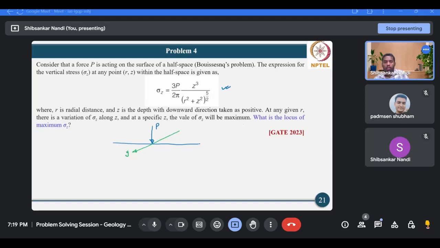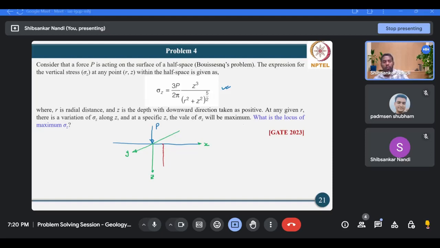This is Y, this is X. It's stated in the problem that at any given R, suppose we were considering this vertical plane. Now all the points lying on this vertical plane are associated with a constant R, a given R. R is constant for this vertical plane.